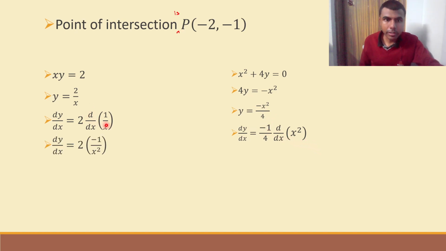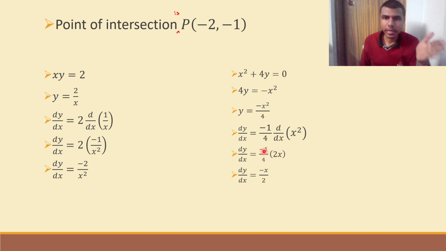Derivative of 1 by x is minus 1 by x square. Derivative of x square is nothing but 2x. So dy by dx is minus 2 by x square for the first curve, and minus x by 2 for the second. Fine. Now I got dy by dx for the first curve and dy by dx for the second curve.